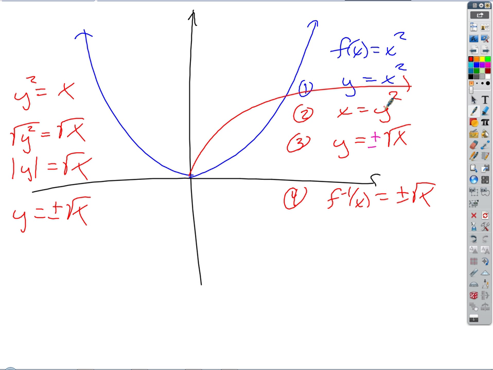It's reflected over the x-axis, right? So there's minus the square root of x. Makes sense because if you combine both the red and the green, they have the kind of symmetry that we need, don't they? They have reflective symmetry about the line y equals x. Agreed?